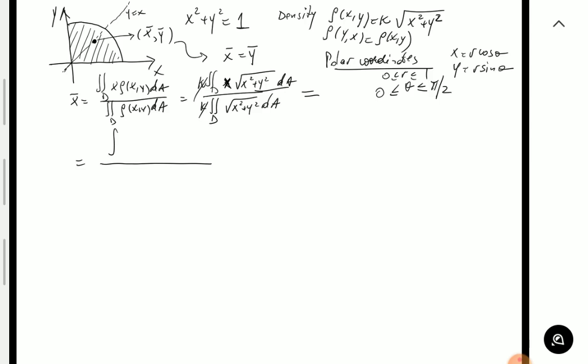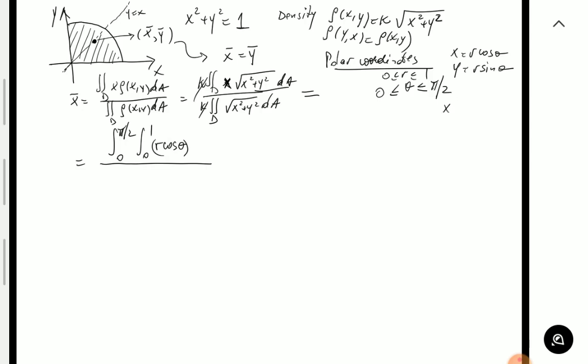In polar coordinates, we're going to have bounds for theta on the outside, followed by the bounds for r on the inside. And then on the top, we have r cosine of theta corresponding to x.